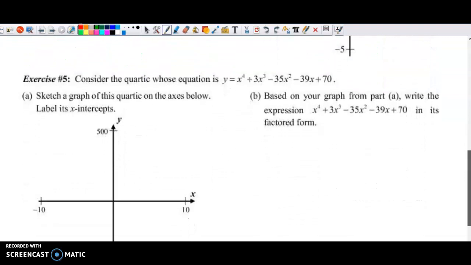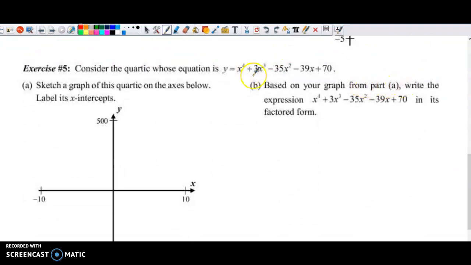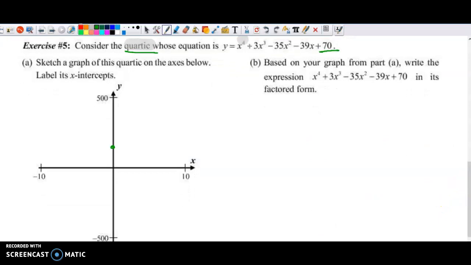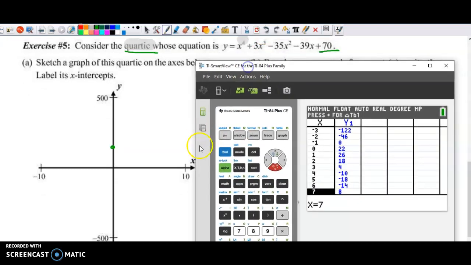And then the same thing goes with this next one, is we have a quartic. Why do we call it a quartic? Is because it's to the fourth power. And we can look at the graph of this. You kind of have a good idea of what the y-intercept is, because it goes up to 70. I'm just going to lamely put that in there. And again, I'm going to go to my graphing calculator and type it in.